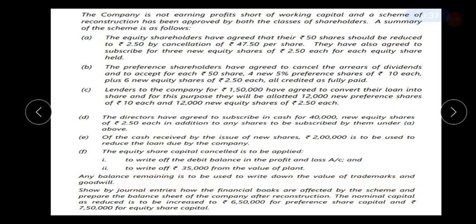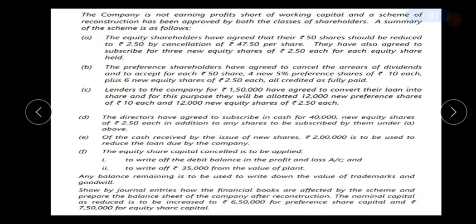So here, the equity share capital cancelled is to be applied. That means the equity shareholders are sacrificing 47.50 per share. So this reduced liability is considered as capital reduction, so this will go to capital reduction account.